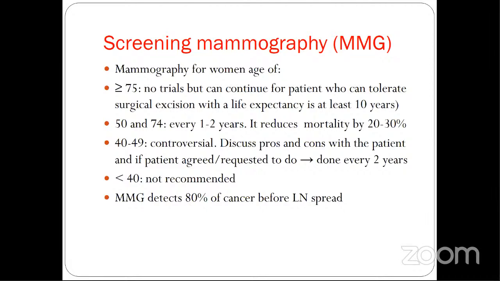Less than 40 is not recommended. So 40 to 74, every 1 to 2 years. Less than 40, not recommended. As we said, mammography detects 80% of cancers before lymph node spread, and this is what is meant by reducing mortality by 20 to 30%.